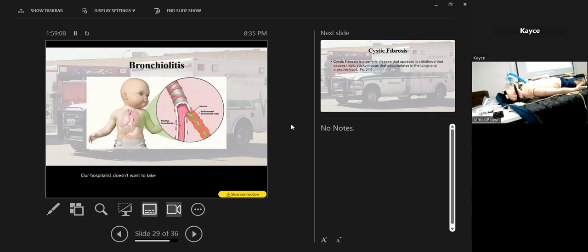Usually with pediatrics, you have to have a pediatric doctor accept them. Right now, we have maybe one or two. Ingle, I think, is the only one, and she's a hospitalist.